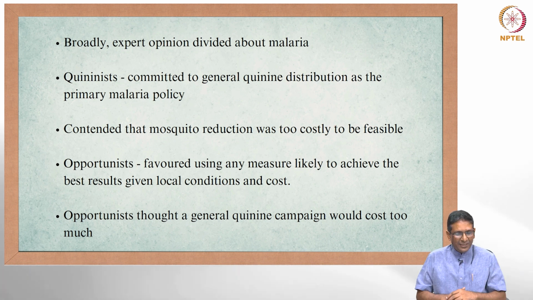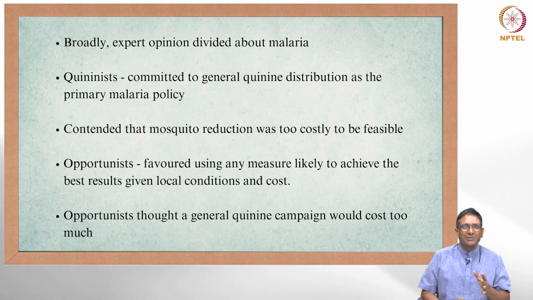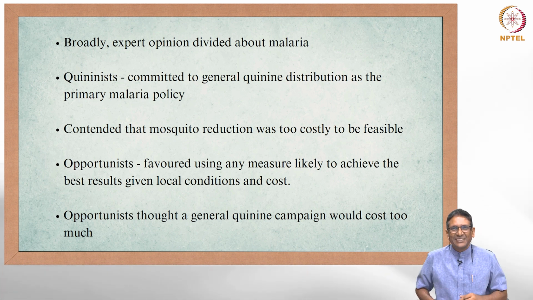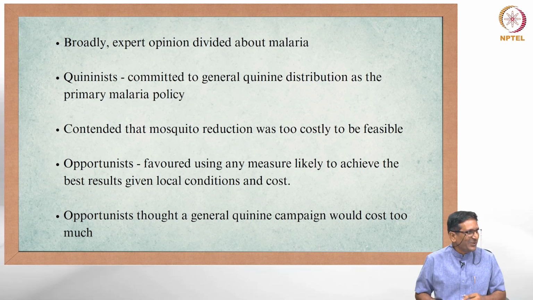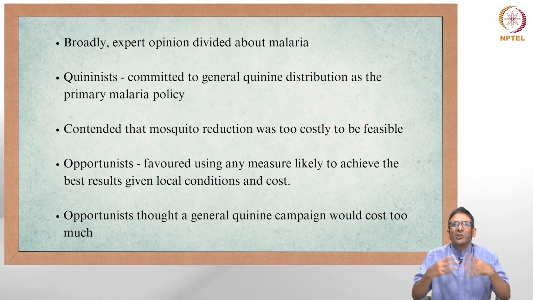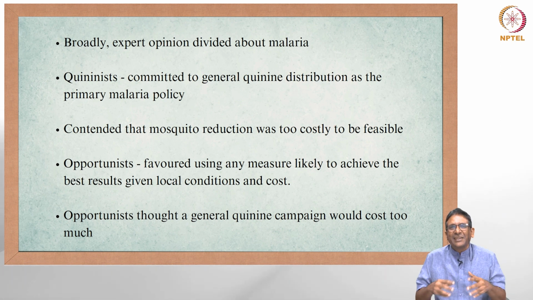On the other side were the opportunists. Don't be misled by this word. Opportunist now has a very negative meaning. We call someone a political opportunist who will jump from one party to another because of some vested interest. It's not that kind of opportunist. Opportunist here means, broadly, they were open to any means that would contribute to the eradication of malaria.